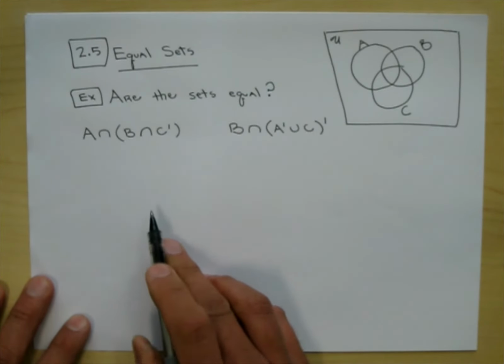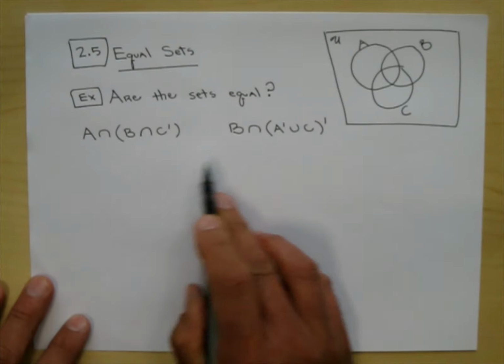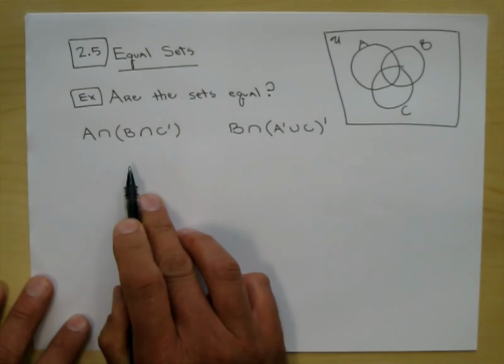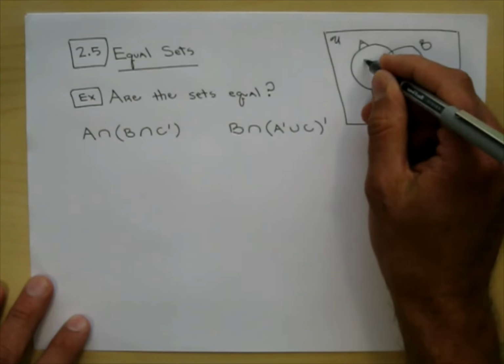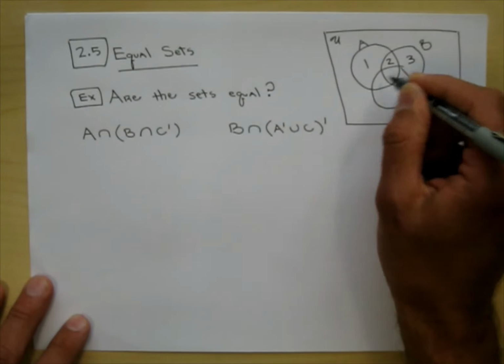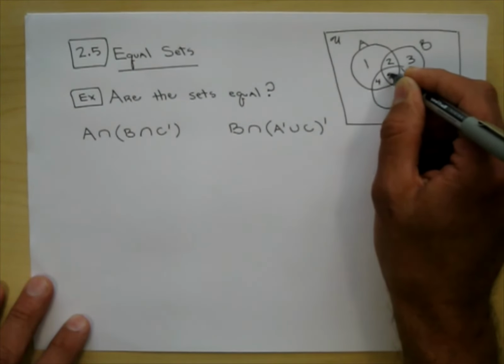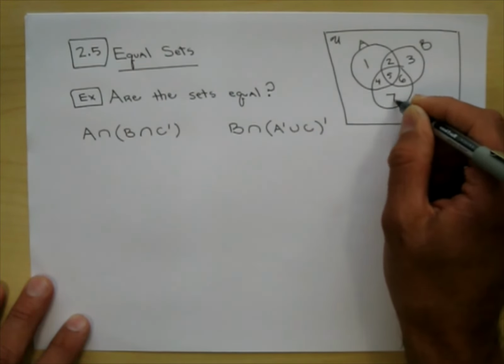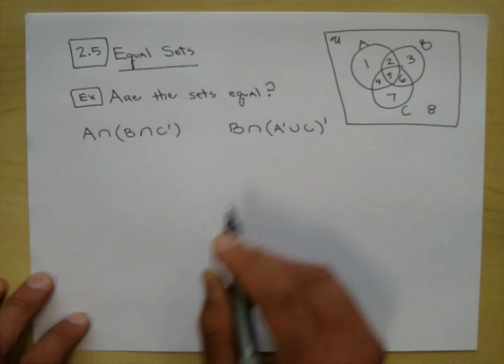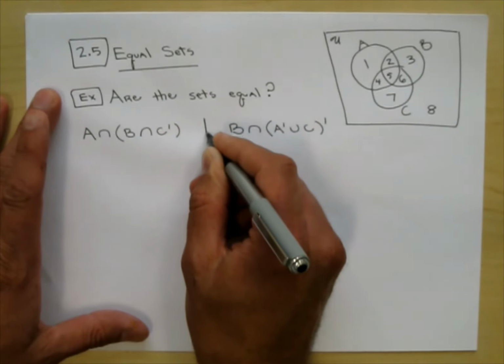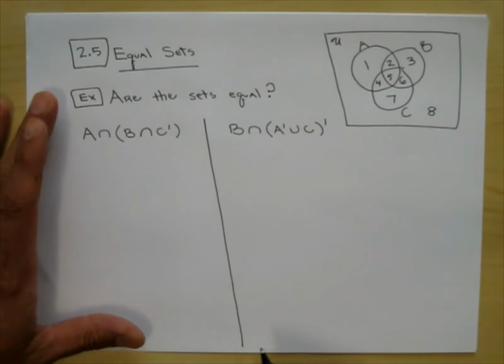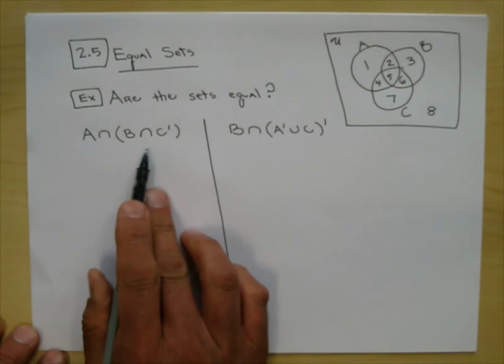You want to see if it gives you the same Venn diagram shading in both of them. Okay, so I'm going to number the regions 1, 2, 3, 4, 5, 6, 7, 8. Okay, I'll also break this down like this. Hopefully I've given myself enough room here.